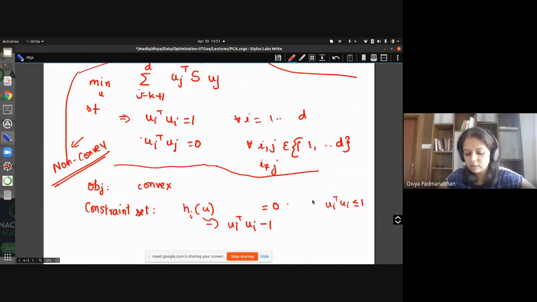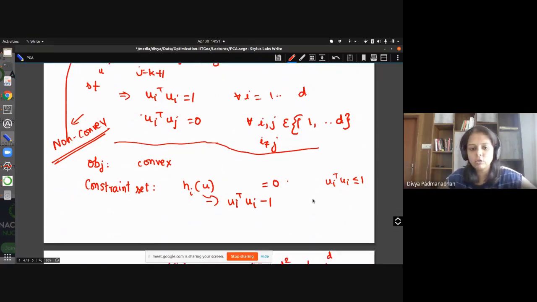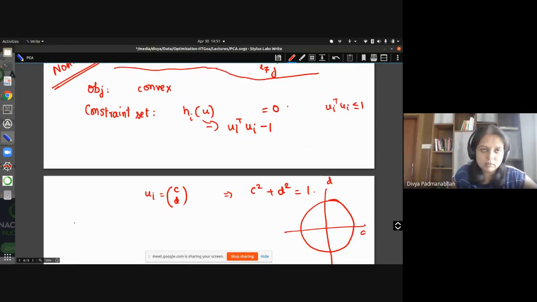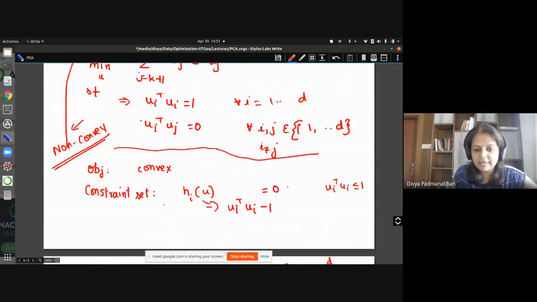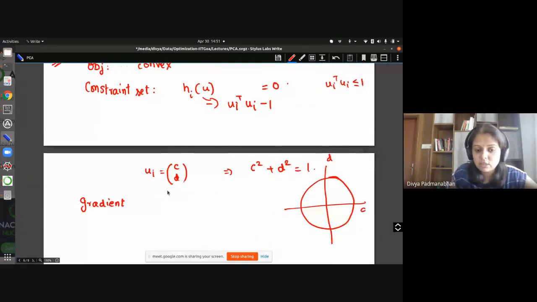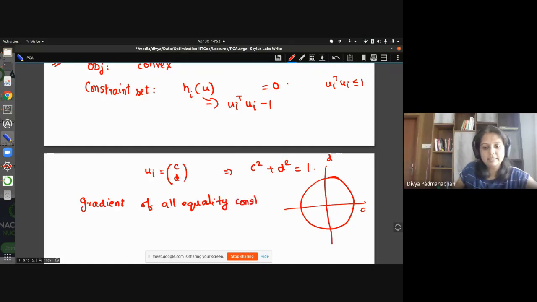If you have these regularity assumptions, we learned something called regularity, which said that if you take the gradients of the active constraints, or the equality constraints, in this case there are no inequalities, so you look at the gradients of all the equality constraints, and if they are linearly independent, then we say that such a point is a regular point.